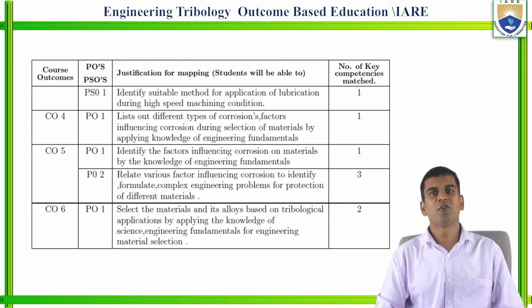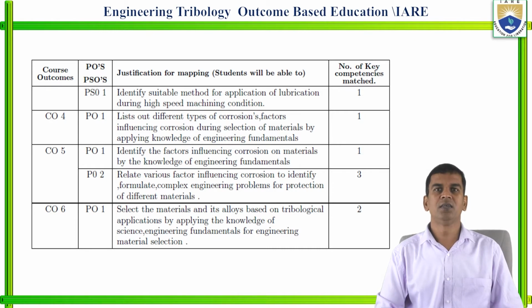CO4 is mapped only to PO1, and here we list out the different types of corrosion factors that influence corrosion during the selection of material by applying the knowledge of engineering fundamentals, 1. CO5 is mapped with PO1 and PO2.